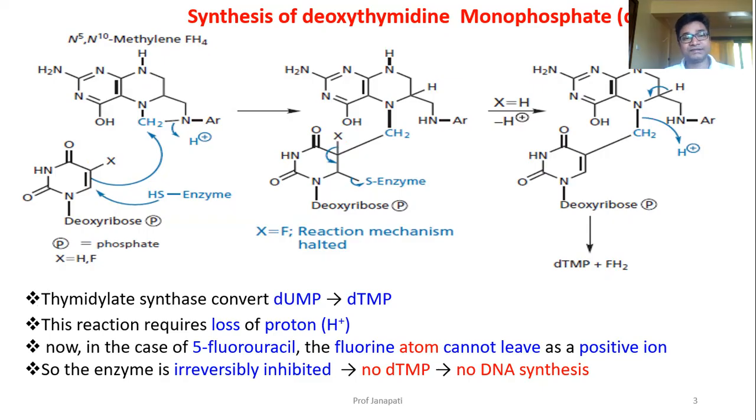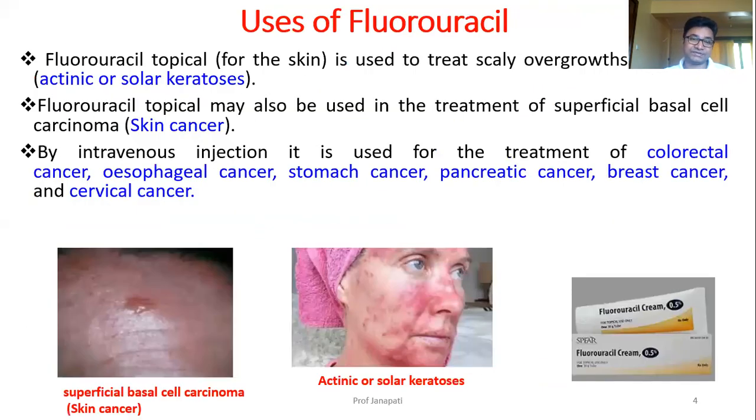Now let us see what its uses are. It has multiple uses, especially in the treatment of skin cancers: solar keratosis, actinic, and basal cell carcinoma. In these conditions, it is a very, very good drug.